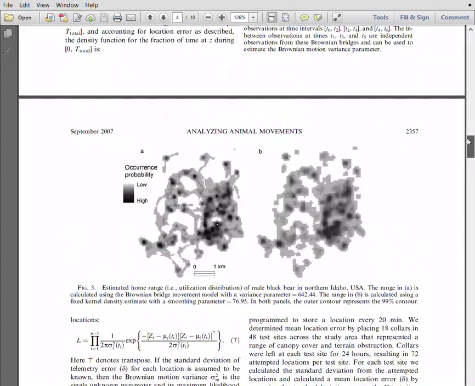They do show here that on the left picture is using a Brownian bridge motion model, and the right is using something called a kernel density function.